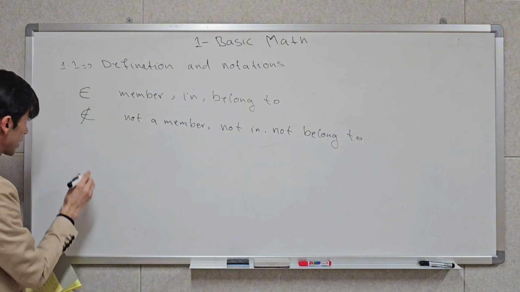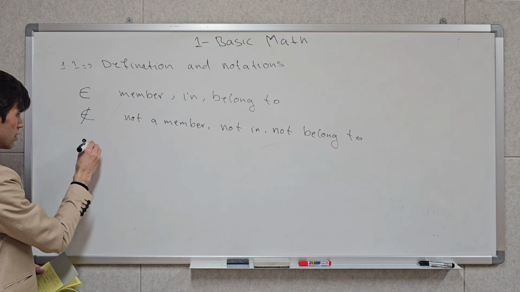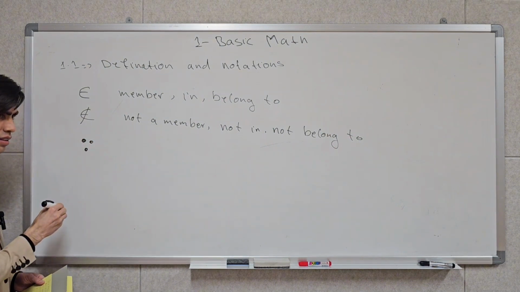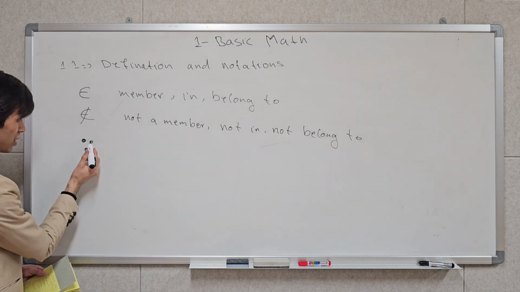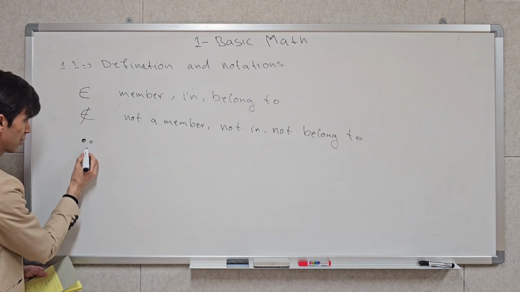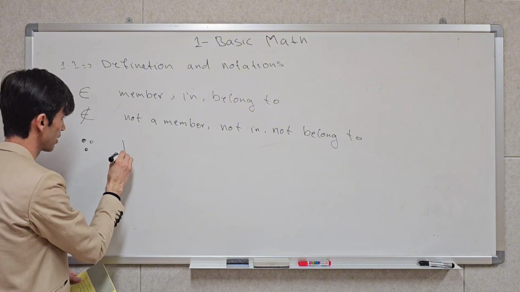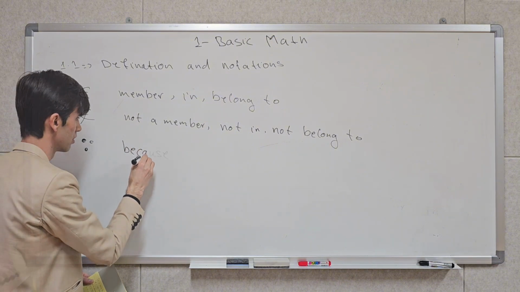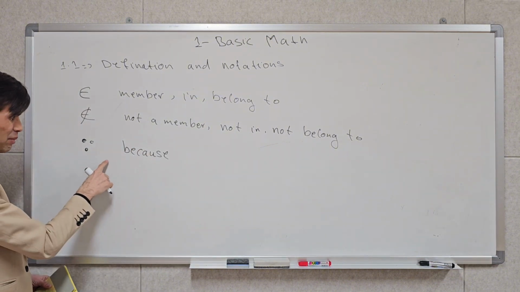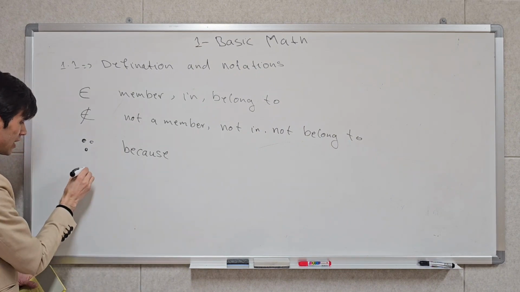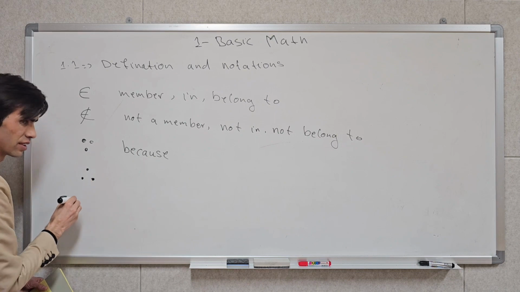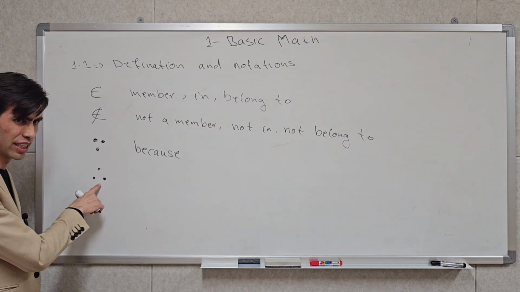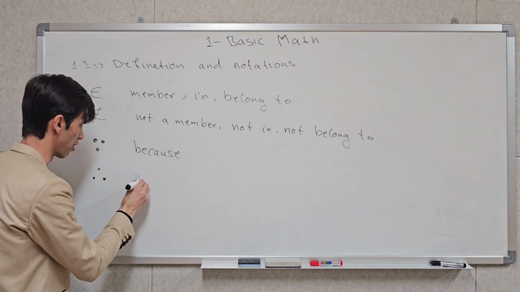Okay, then what is this sign? Three dots in this way. This three dots, this way, means because. And this three dots, this notation, means therefore.